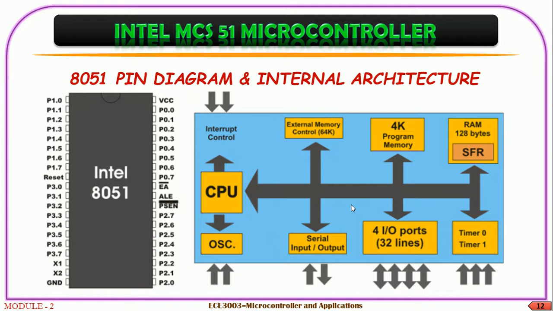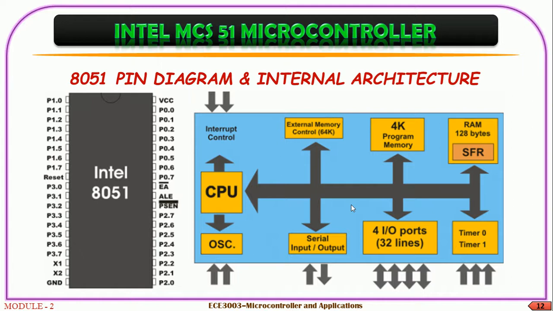Pin numbers 1 to 8 represent port 1, then pin number 9 is reset, then the next 8 pins are port 3, then XTAL1 and XTAL2 are for the external crystal, and the 20th pin is ground. Then pins 21 to 28 are port 2, then PSEN, ALE signal, EA, then port 0, then VCC.